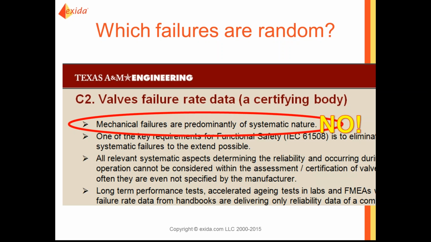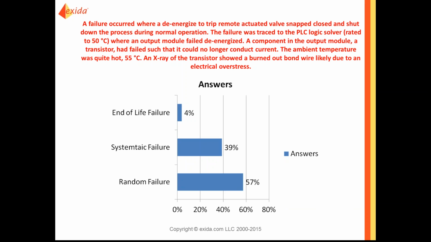There's many random failures in valves and field systems. We did a little study at exida where we put some different scenarios out there and had people do a web survey about how they would categorize them. The key thing here isn't so much the answer to any one study, it's just to see how people do categorize different things.